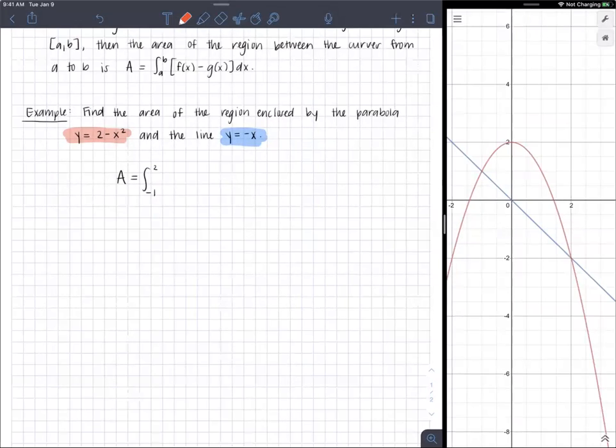When you subtract, you want to go from top to bottom. So you make f of x the function sitting on top of the second function, g of x. And so we can make a note that f of x is the function on the top of the region.